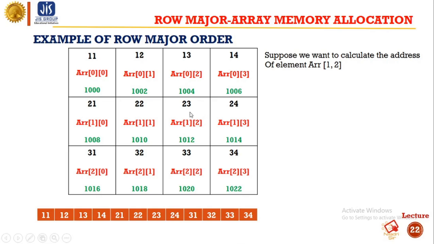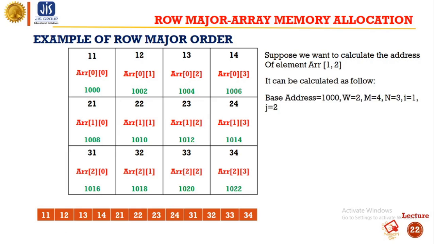Okay, this address ARR12. So how to find it? It can be calculated as we know that the base address is 1000. Here you can see that the base address is 1000. W is 2, that means each element will take 2 bytes of space.